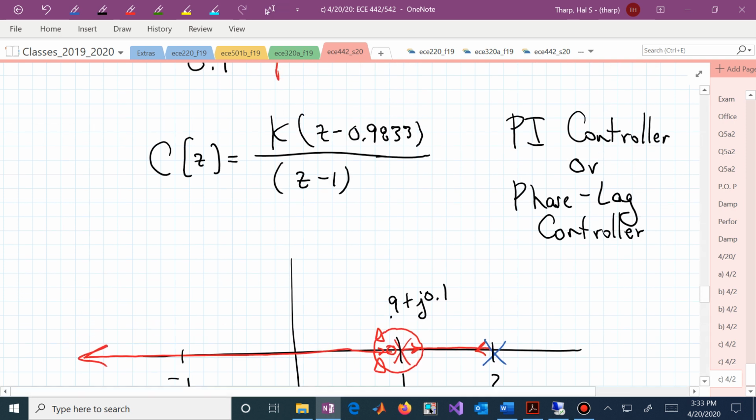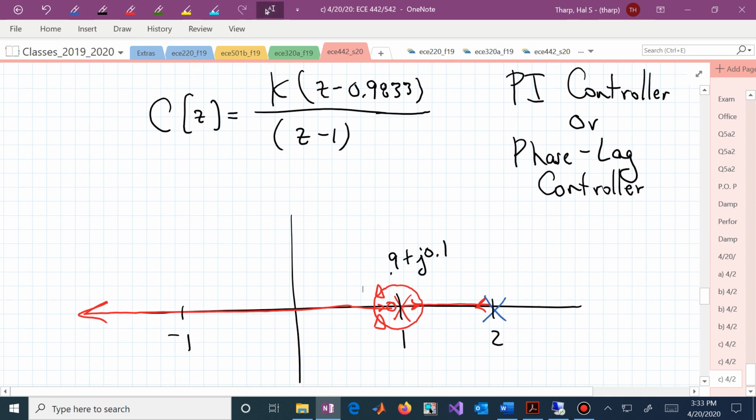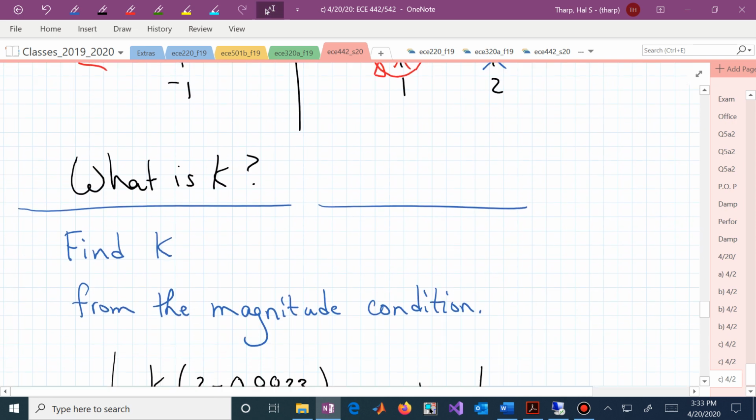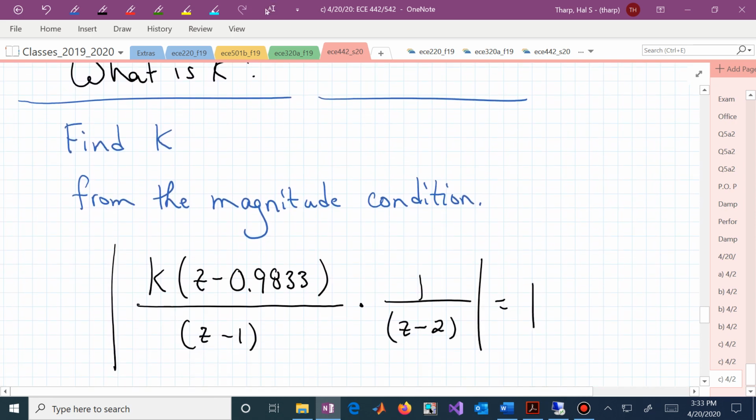What's left? Well, we haven't yet determined k, but you now have everything you need. You have z delta, you have the zeros and the poles. You can now use the magnitude condition to solve for k. So let's find k from the magnitude condition.